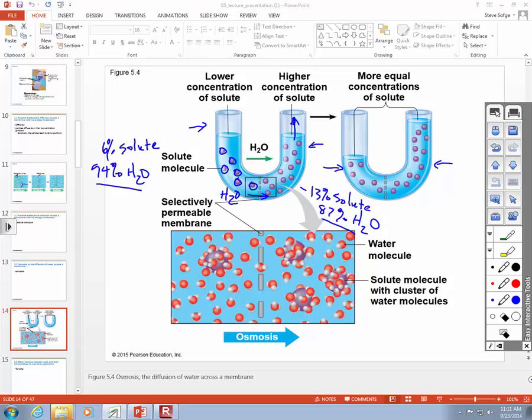The solutes would be the same number on each side, and the water would be the same amount on each side. But in this example, they're saying that solute cannot move. So we have to try to equalize the water concentration, so more water moves from high concentration, 94%, to the 87%, and it moves to equalize that.